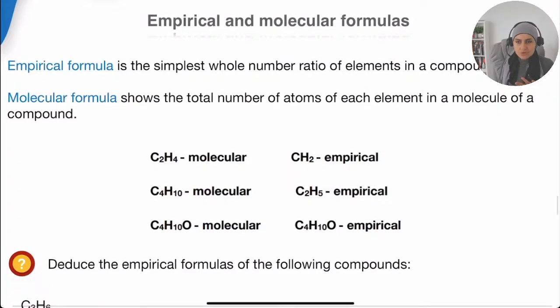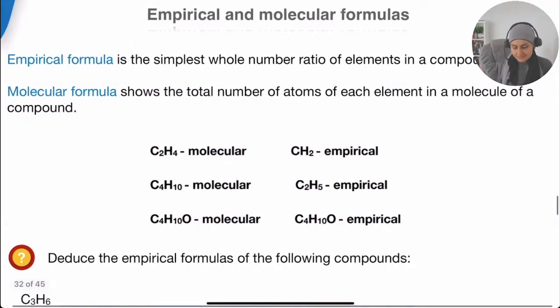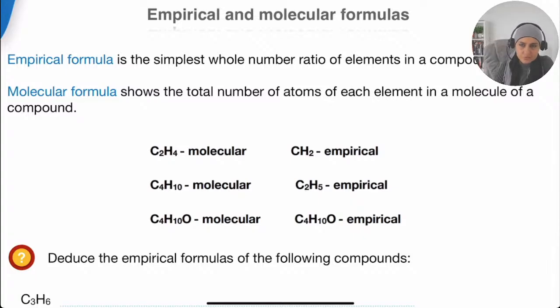Next we need to know how to work with empirical and molecular formula. Definition. Empirical formula is the simplest whole number ratio of elements in a compound. But molecular formula shows the total number of atoms of each element in a molecule or a compound. So if I have C2H4 as a molecular formula, then the empirical one would be when you cancel the small numbers out by some number to get whole numbers.